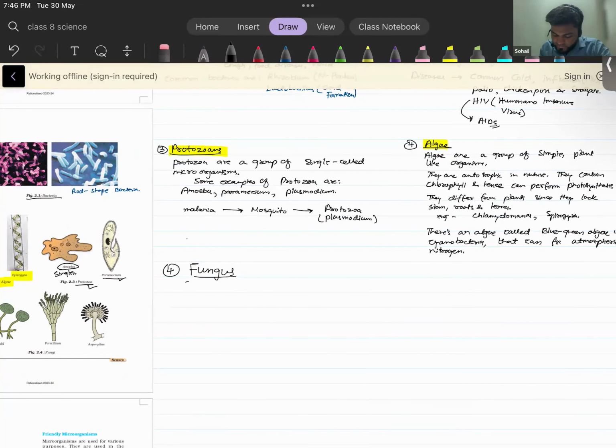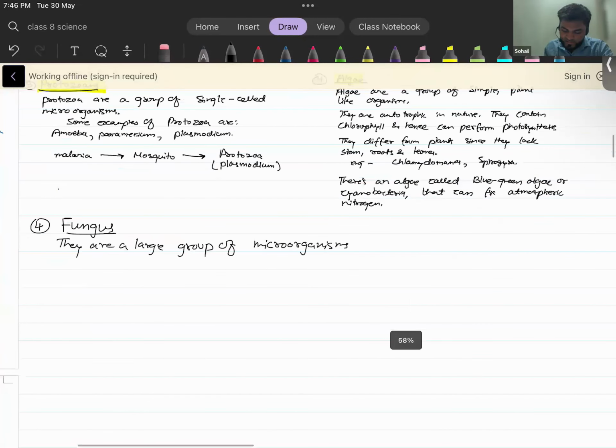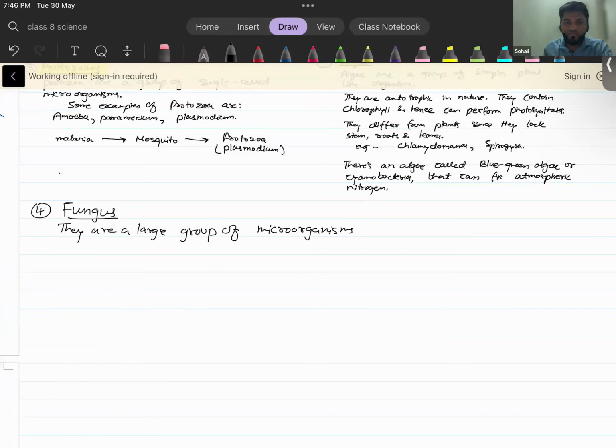So fungus, they are a large group of microorganisms. By the way, can you read my handwriting? Is it visible properly? Yes, sir.